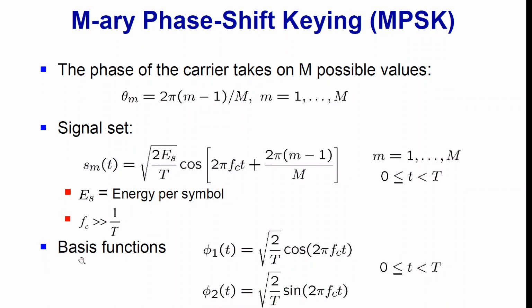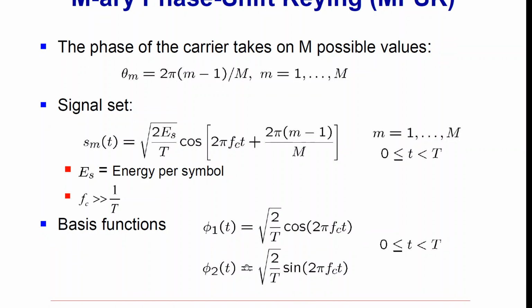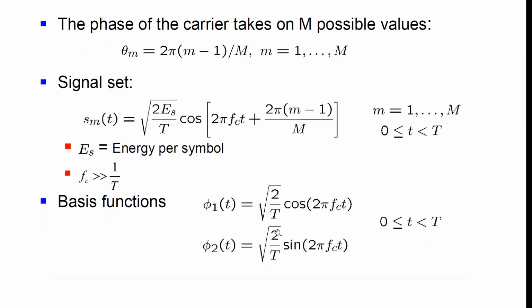So we can define two basis functions: phi 1 of t as root of 2 by capital T cos 2 pi fc t, and phi 2 of t as root of 2 by T sin 2 pi fc t. So for M-ary phase shift keying, we will be using two basis functions, phi 1 of t and phi 2 of t, defined like this.